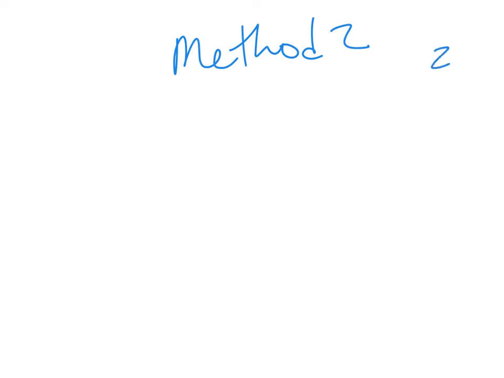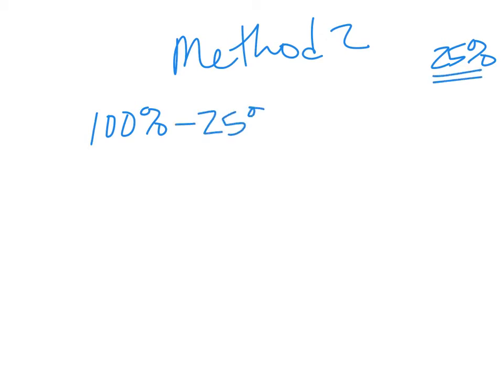So remember, our shorts were 25% off. So 100% of the purchase price, subtract the sale percent, so minus 25%, equals 75%. So they're saying that we're going to take these shorts and sell them at 75% instead of 100% of the cost. This actually makes sense too.